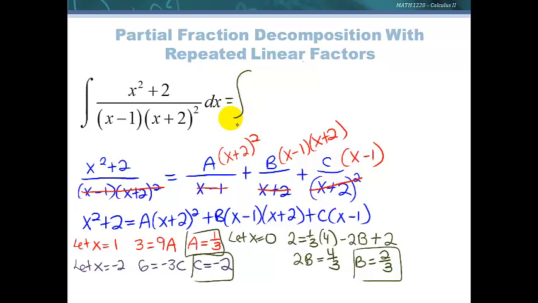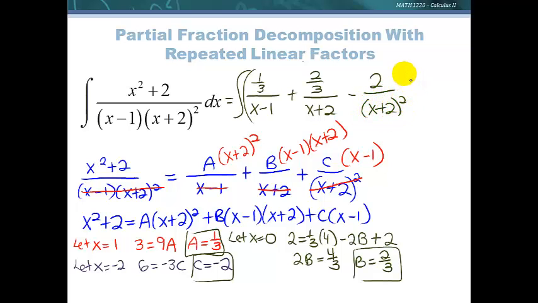So this we can split up into 1/3 over x minus 1, and then b was 2/3, so plus 2/3 over x plus 2, and then c was negative 2, so minus 2 over (x plus 2) squared dx.